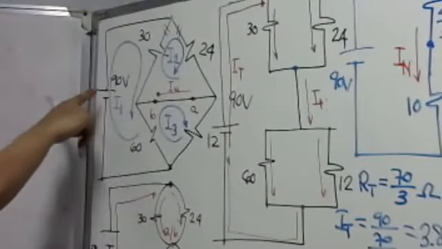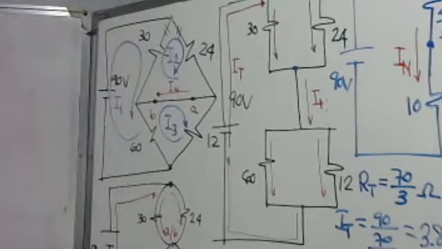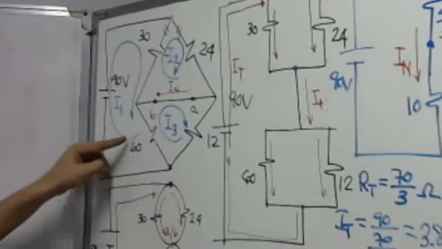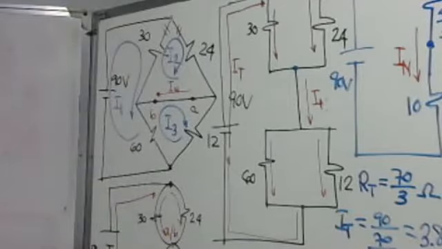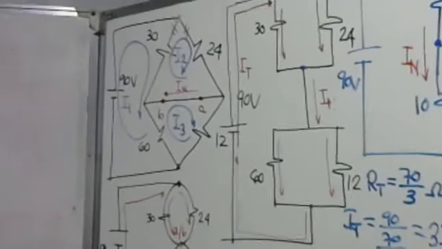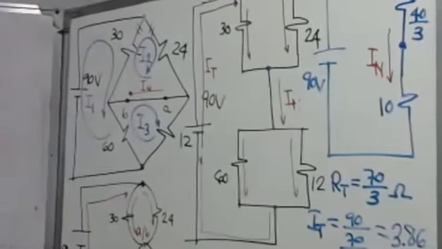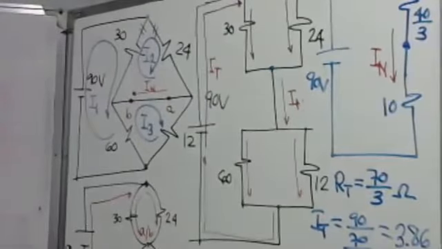So that is positive 90 volts. And then, automatically, our I1 is negative I1, then multiplied by the loop resistances.